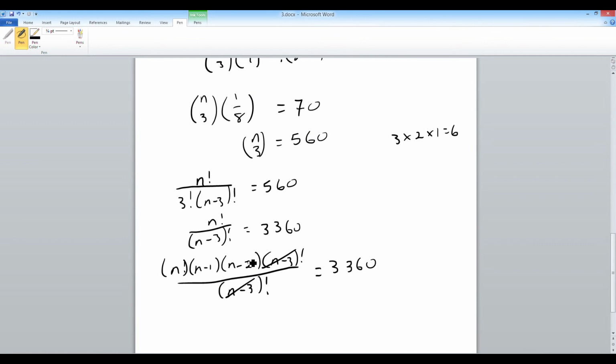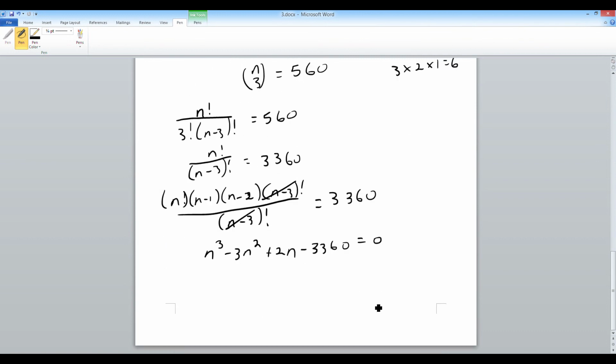If I expand this, then I will get a polynomial. So n to the power of 3 minus 3n squared plus 2n, and now let's bring the opposite to the left hand side, minus 3,360, and this is equal to 0.